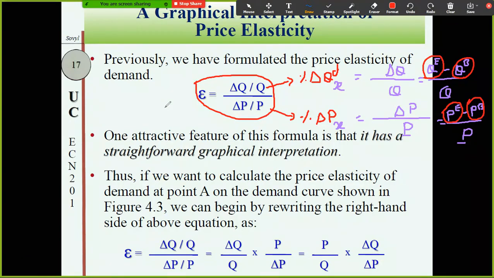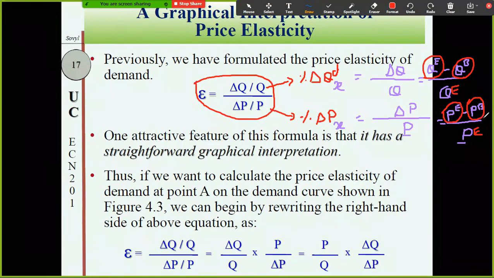If the question is asking at the original price, we divide by Q beginning and P beginning. But if the question is not asking at the original price, but at the new price or ending price, it should be ending.